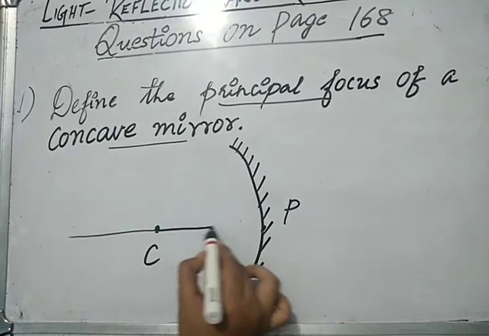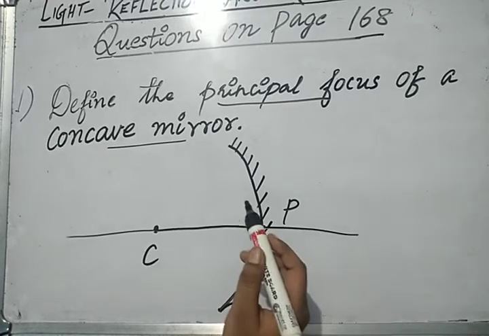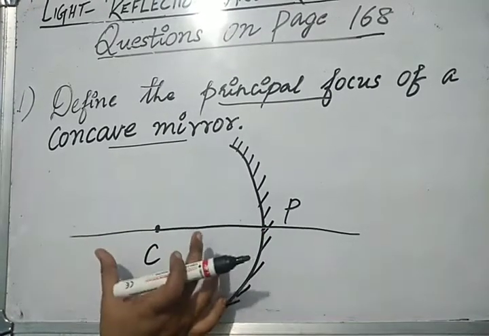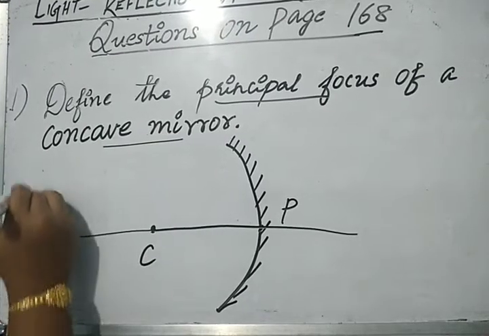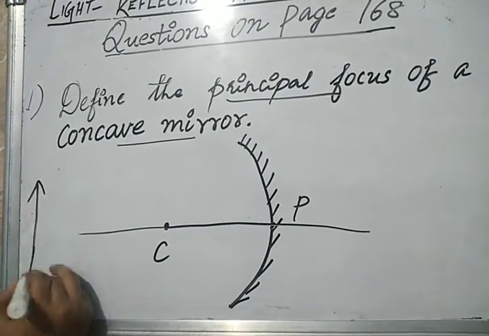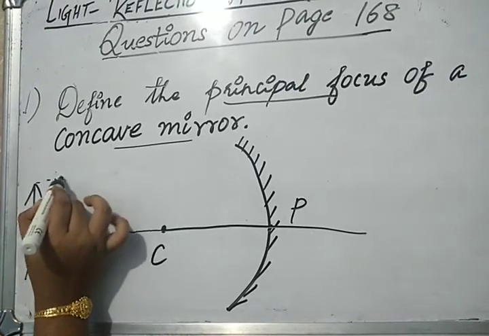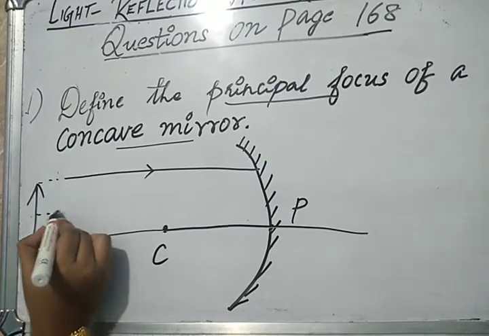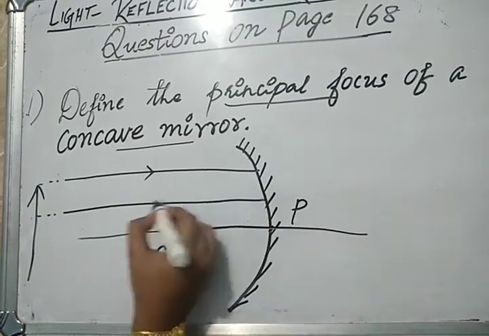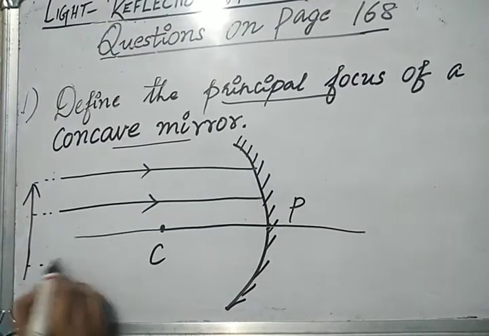And I draw my principal axis. A number of rays parallel to this principal axis. Okay, let me take my object somewhere at infinity. And a number of rays parallel to this principal axis incident on the concave mirror.